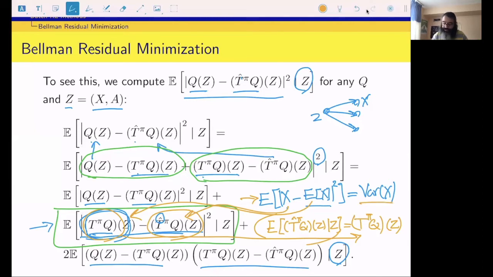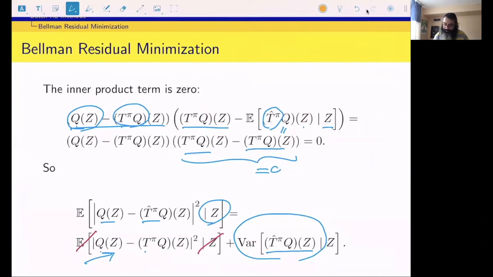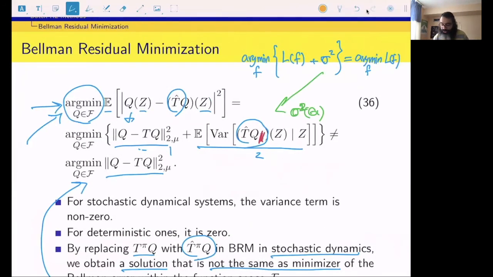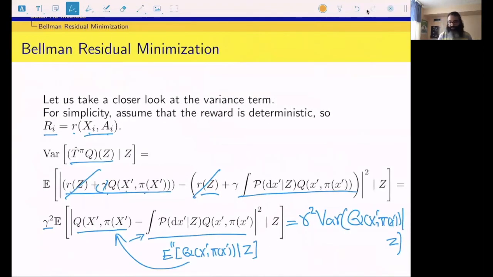In the next slide, I'm replacing that second term that I have here with this variance term as a kind of shorter notation, so that it would be shorter when I'm writing it. But when I expand it here, I again put the definition of variance and write both terms: this would be T hat pi of Q, this would be T pi of Q, which is the expectation of T hat pi.